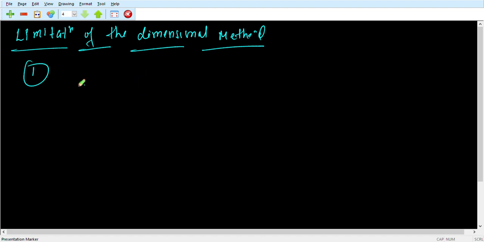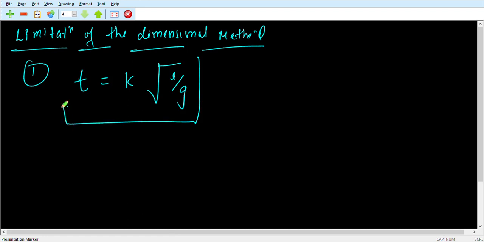In the last problem we discussed the time period, which was k times the square root of L upon g. So the problem is that the dependent physical quantities here are L and g.